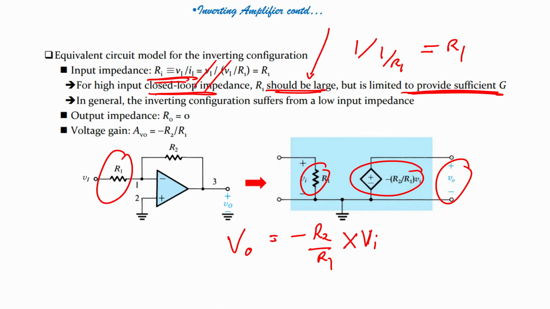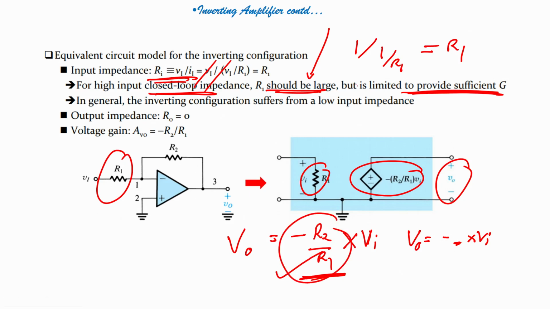So, if I put R1 extremely high, what will happen? My output will be similar to my input. Let us say if R1 is infinite or close to infinite, R2 by R1 will be extremely small into Vi. So, I cannot do that, R1 cannot be extremely high, otherwise this will not work properly.